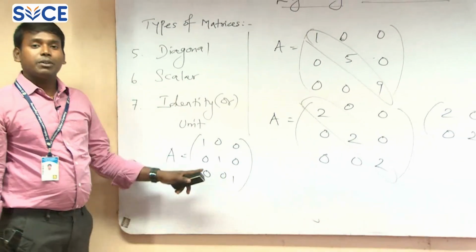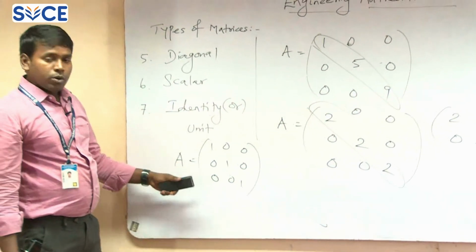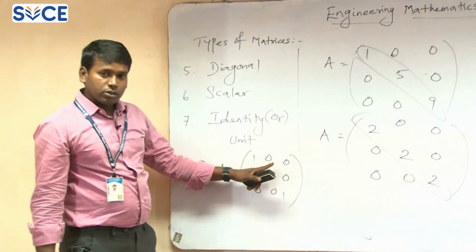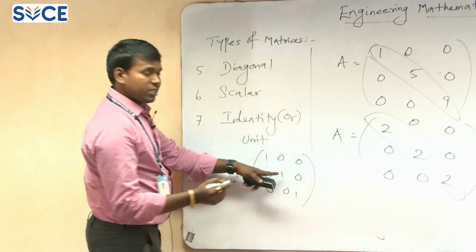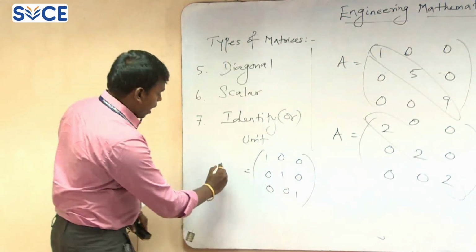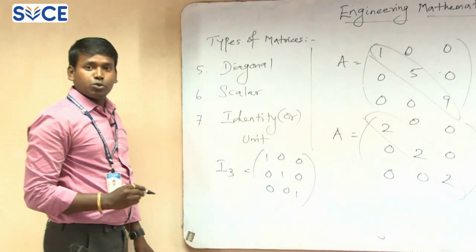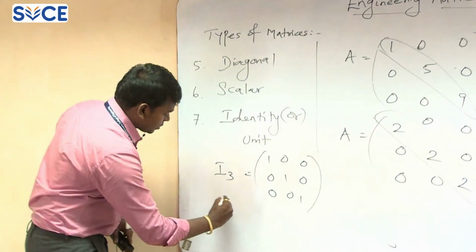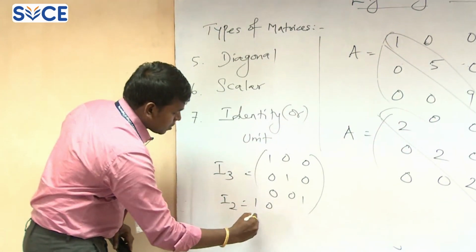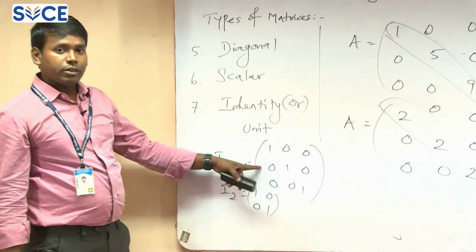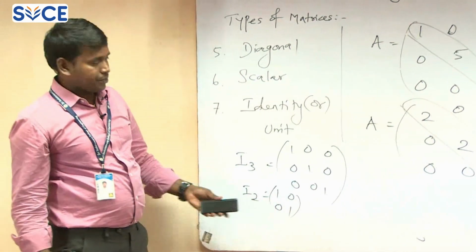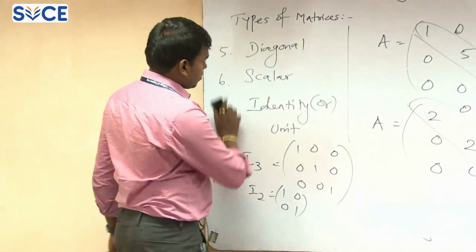This is the example for a 3 by 3 matrix. 2 by 2 means 1, 0, 0, 1. Usually it is denoted by I3 for 3 by 3, and I2 for 2 by 2, that is 1, 0, 0, 1.